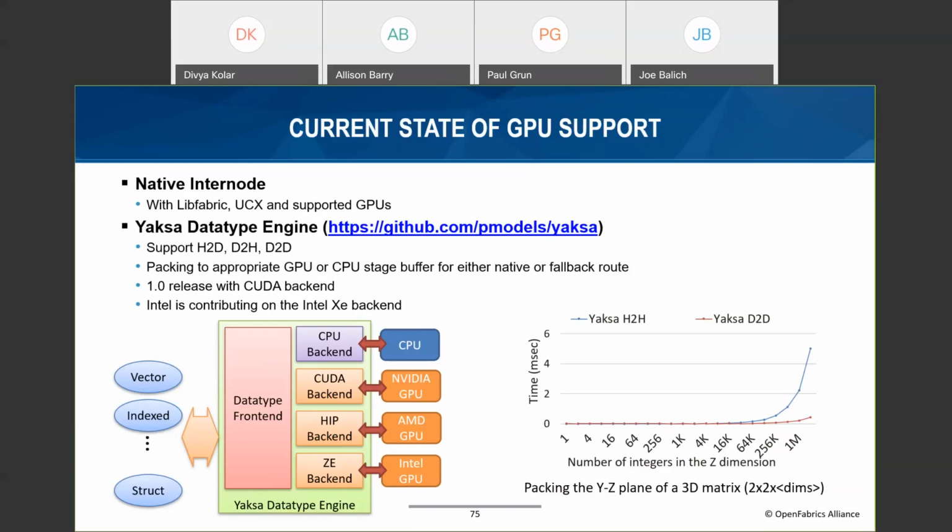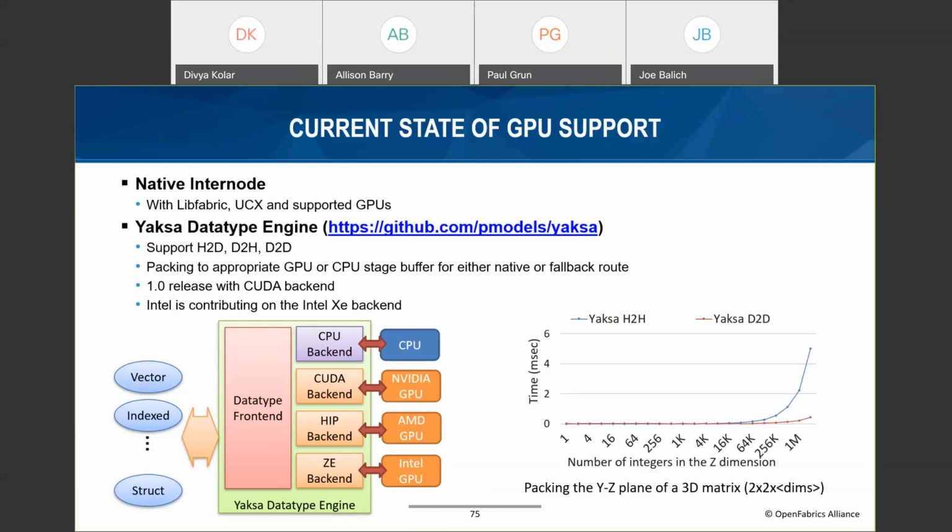What the backend provides is not only the capability to access the GPU buffer in the data type engine, it also provides a set of GPU kernels for packing using the GPU. So the packing can actually happen and be driven on the GPU side.